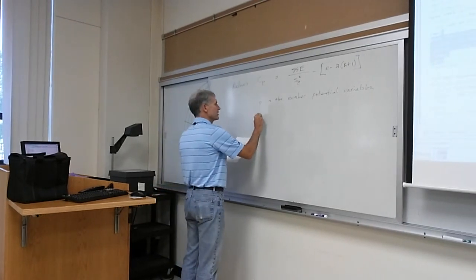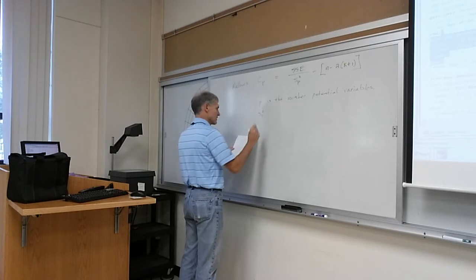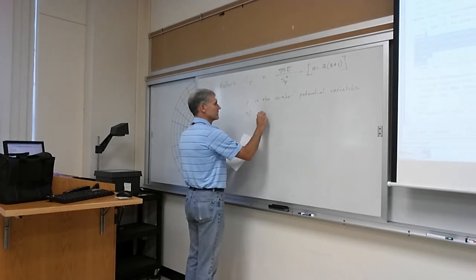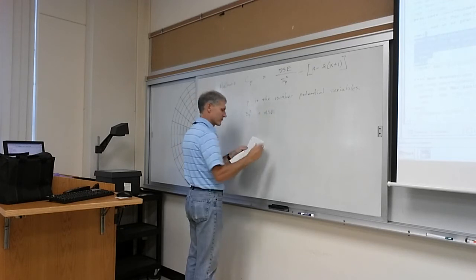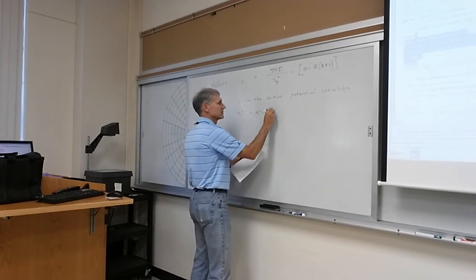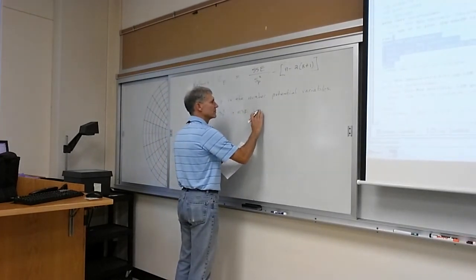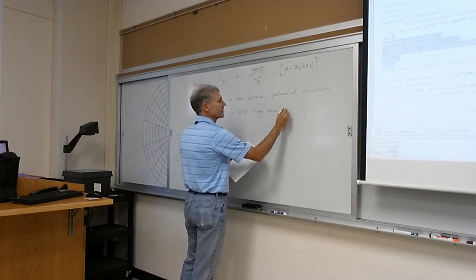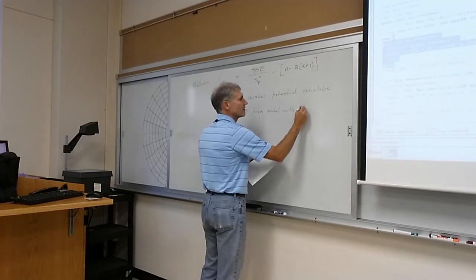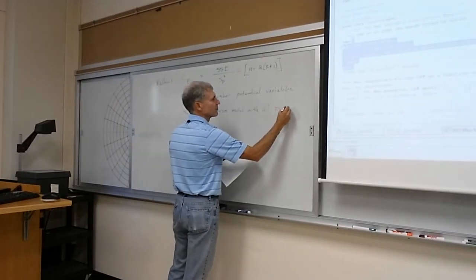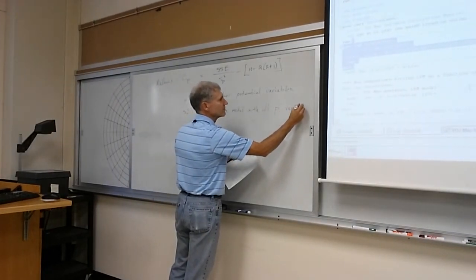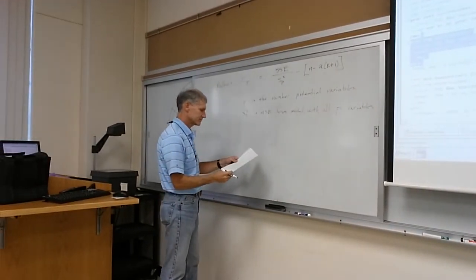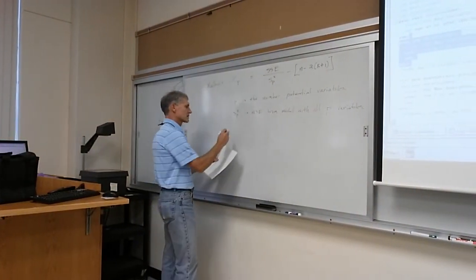So Sp squared is the mean squared error from the full model, meaning the model with all P variables.